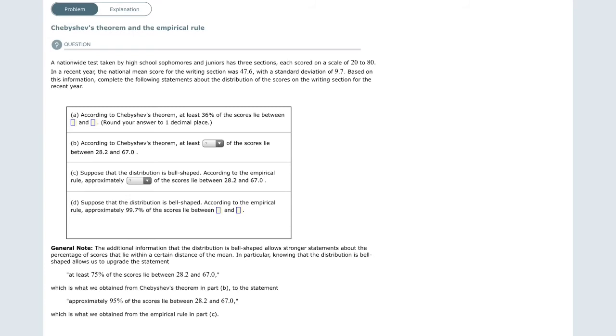If it is bell-shaped, you can actually use the empirical rule. Here's a bell shape. My mean is always in the middle. If I go 1 standard deviation away, 2 standard deviations away, 3 standard deviations away, and on this side -1, -2, -3.